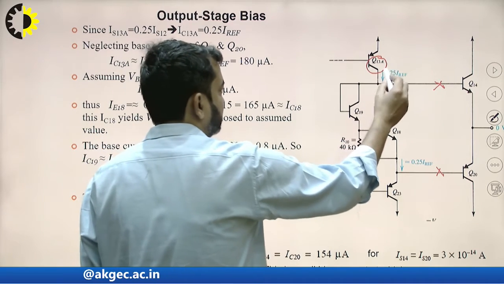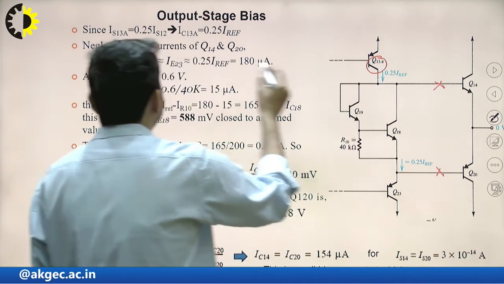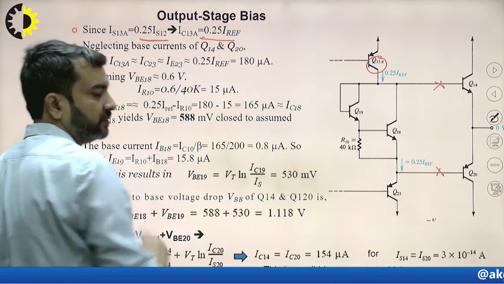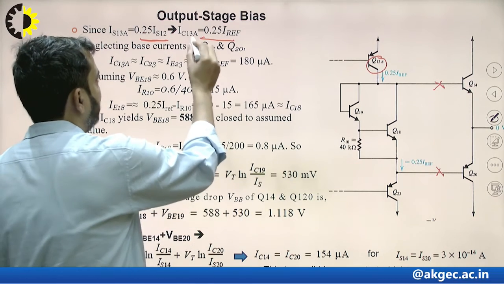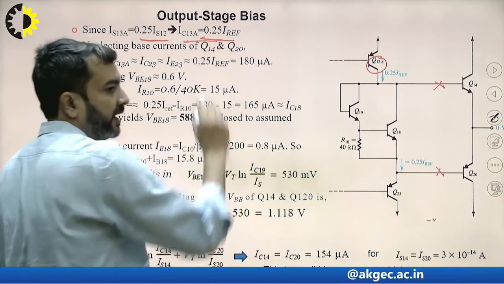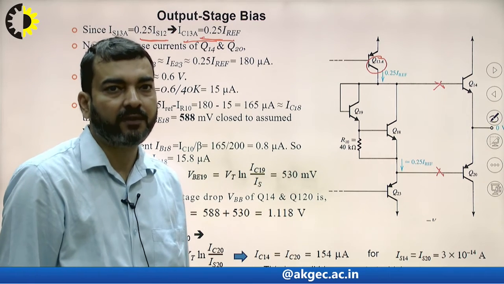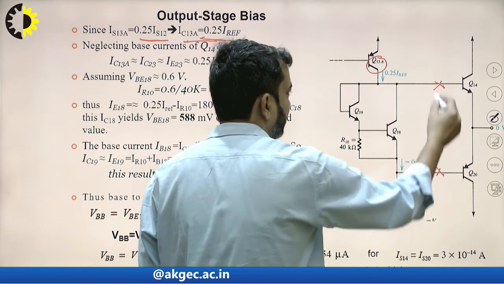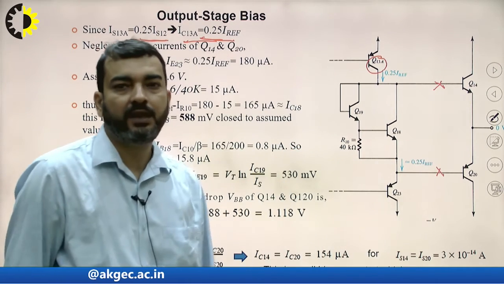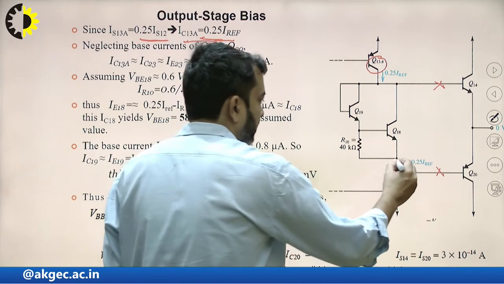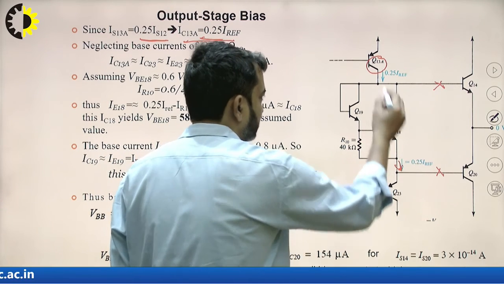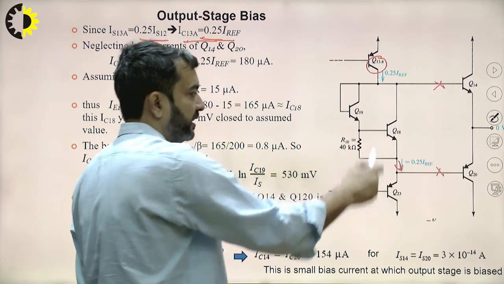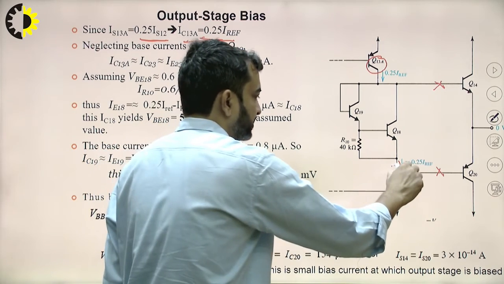This IC13A is 0.25 times the scale current of transistor Q12, so we will say IC13 is 0.25 times Iref. If no current is entering the bases of transistors Q14 and Q20, the same current will come out of this branch. This complete current is divided in this network of transistors Q18 and Q19.